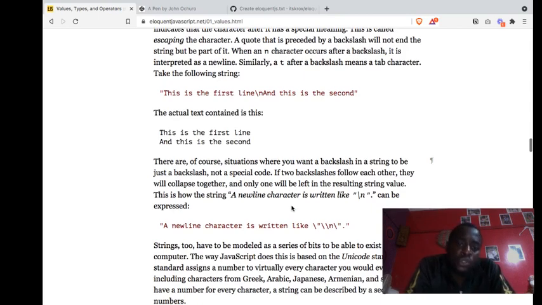There are of course situations where you want a backslash in a string to be just a backslash, not a special code. If two backslashes follow each other, they will collapse together and only one will be left in the resulting string value.